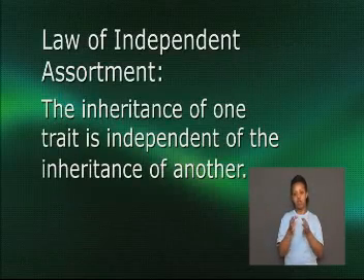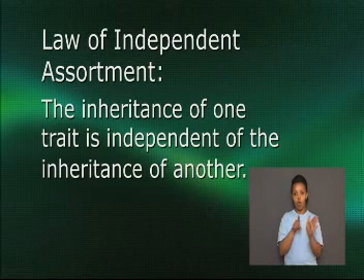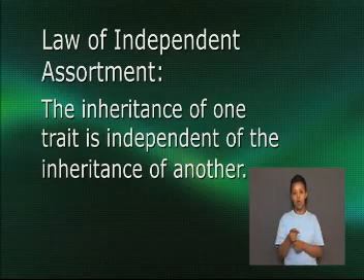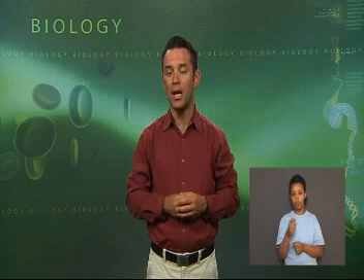He formulated the law of independent assortment, which states that the inheritance of one trait is independent of the inheritance of another. In other words, one pair of alleles that control one feature segregates independently compared to another pair of alleles that control a different feature.